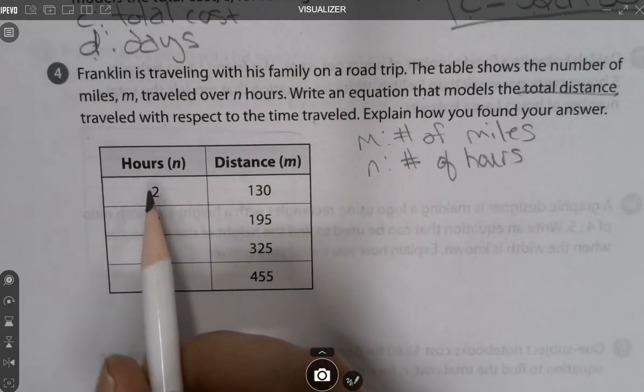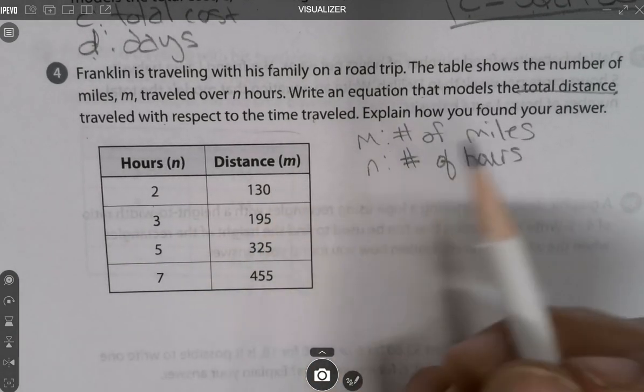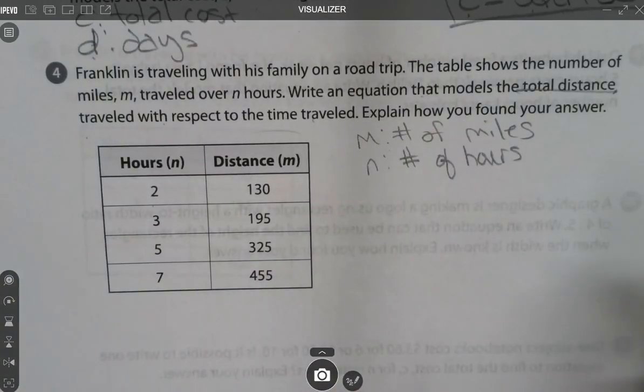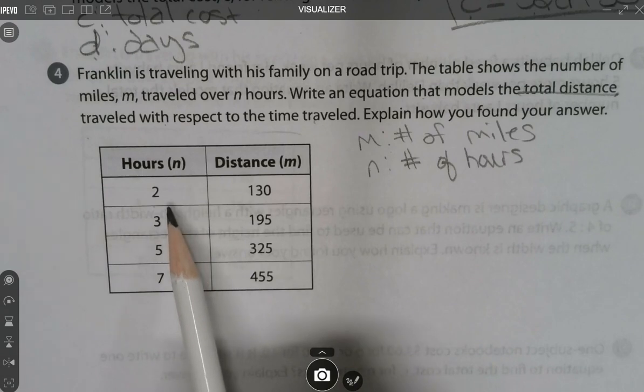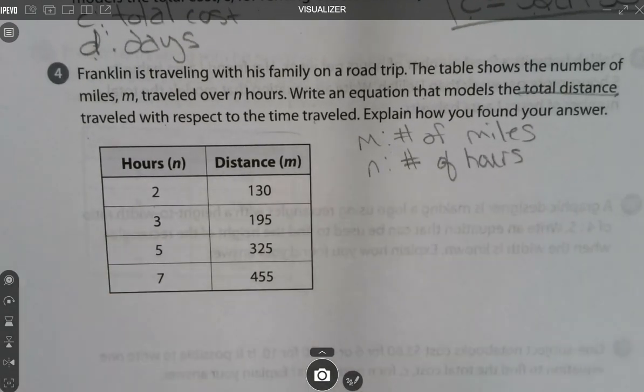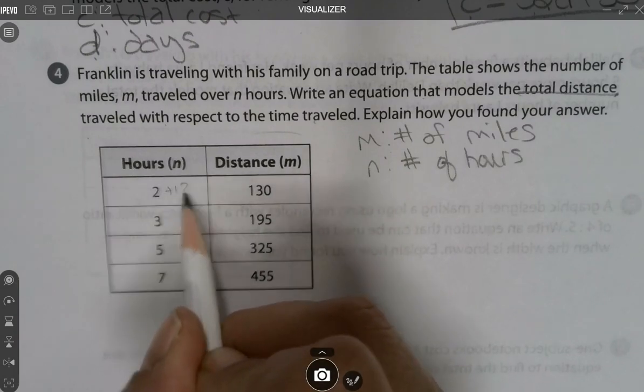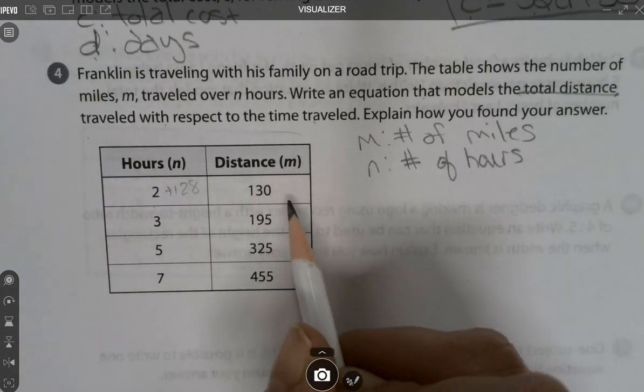How did I turn a 2 to a 130? Well, whenever I have a table, then I want to make sure that I prove whatever I think it is at least 3 times. If I add 128, that will give me 130.